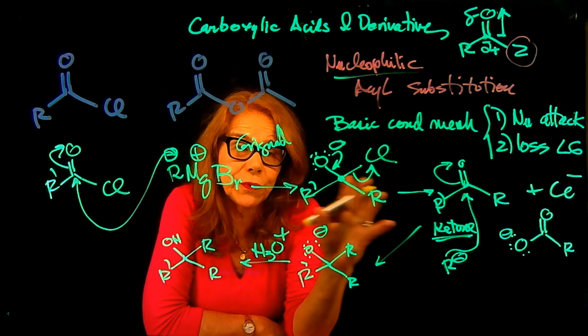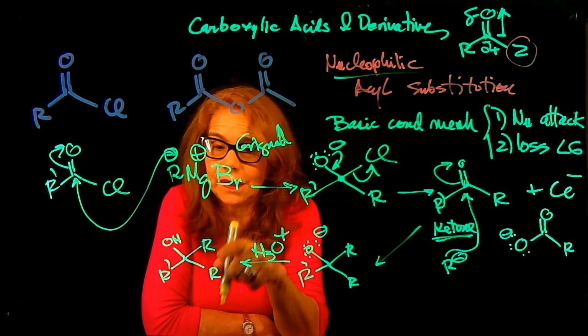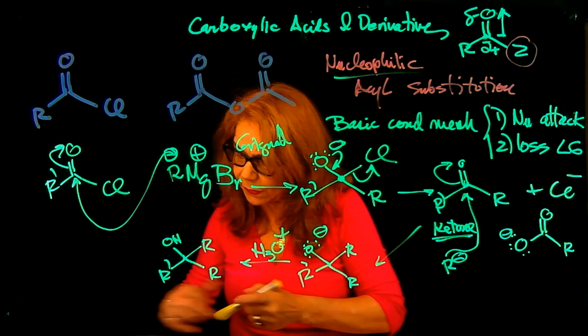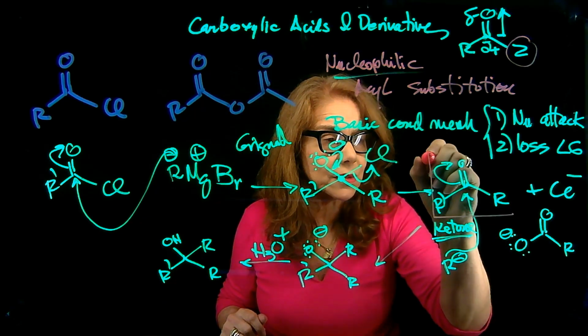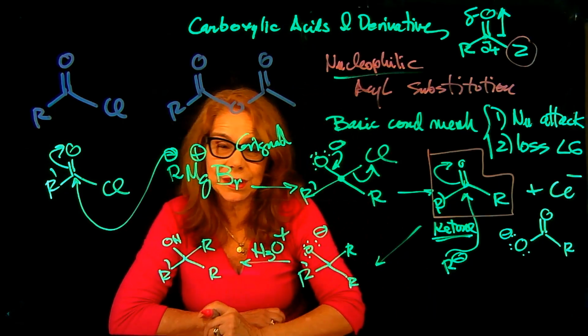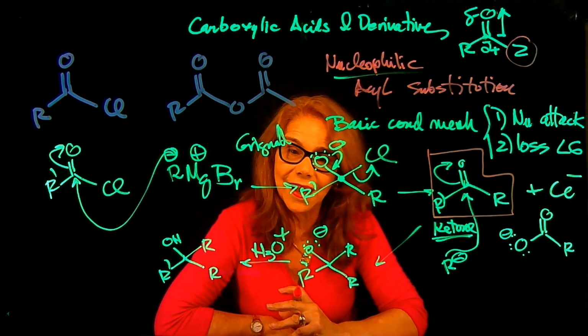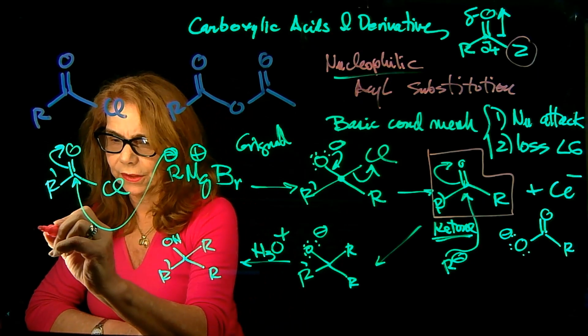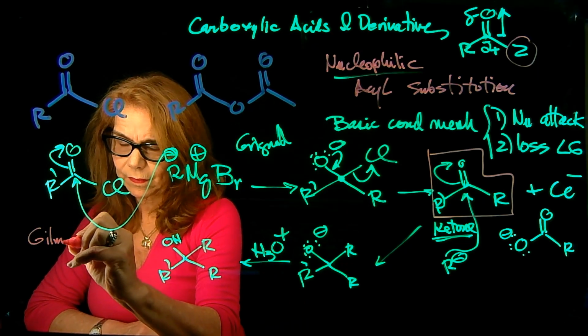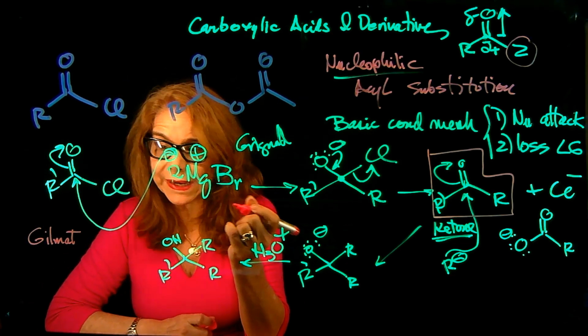Now, what if you don't want to get the alcohol, but maybe you're interested in isolating the ketone. So for that, we need to be using a different reagent. And that reagent is Gilman. So I'm going to be writing Gilman reagent. It is a cuprate.